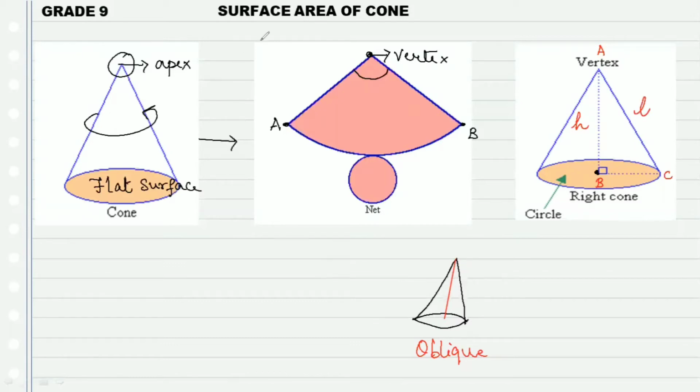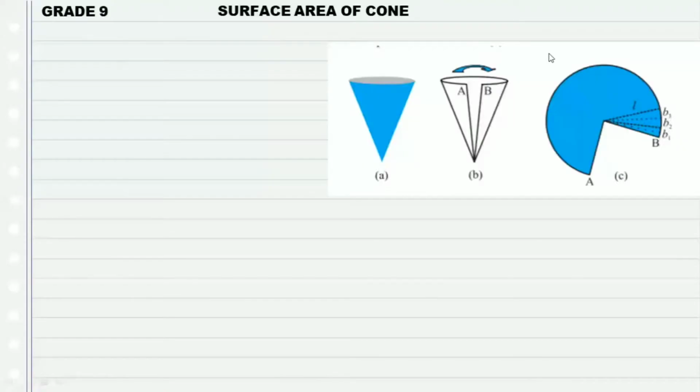Now let us go ahead and derive the surface area formula for the cone. So here we have taken a cone and we have just unfolded it to bring out its net back. Here you can observe, students, we have cut this paper into small triangles, small pieces along its slant height.